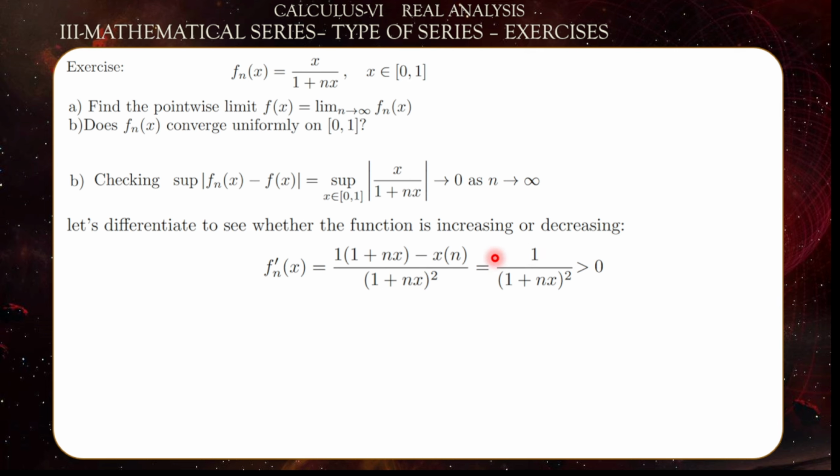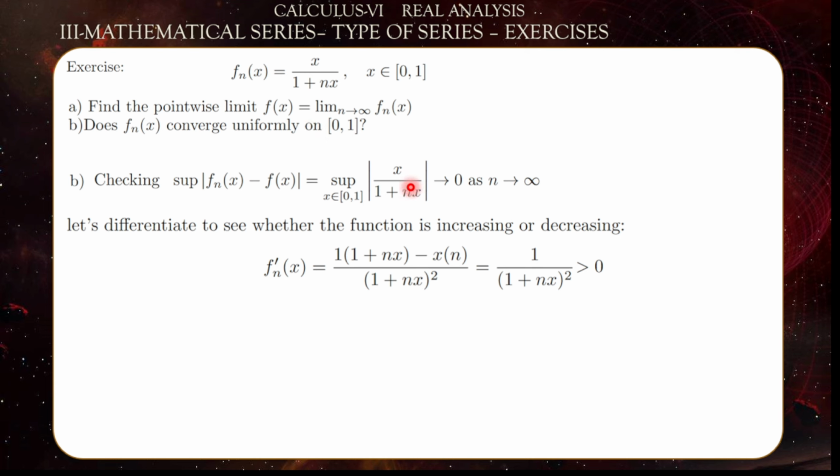Now, let's differentiate to see whether the function is increasing or decreasing. Let's evaluate the derivative. So f_n'(x) is equal to, and you know how we evaluate a derivative, (u'v minus uv') divided by v squared. U and v, lest you forgot, are respectively the numerator and the denominator.